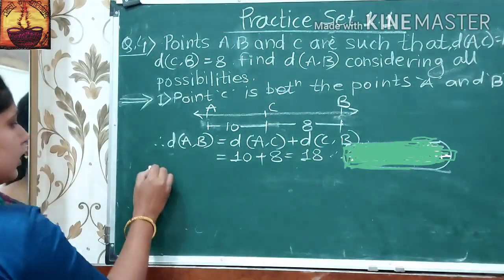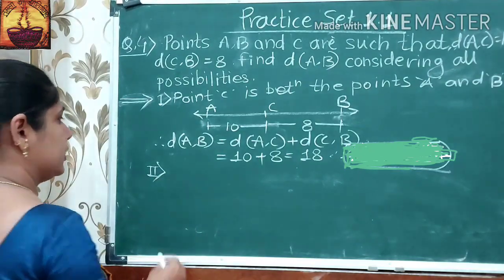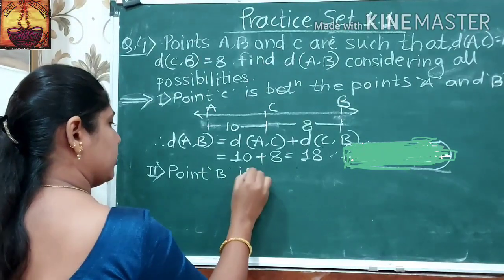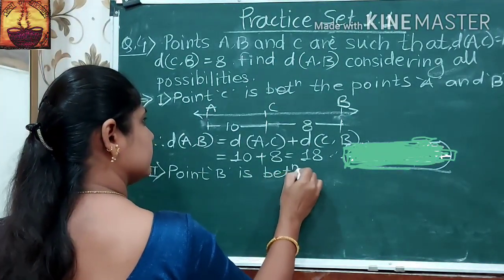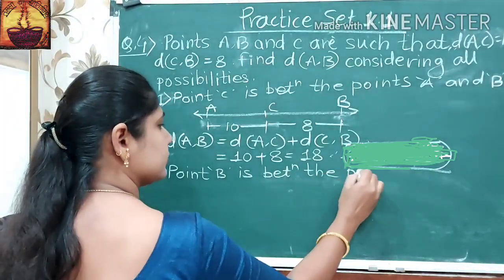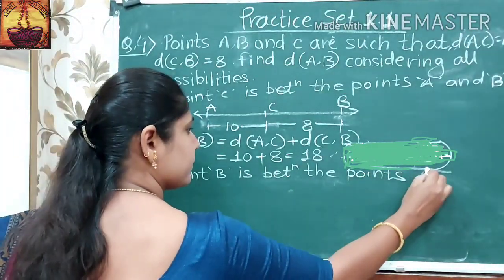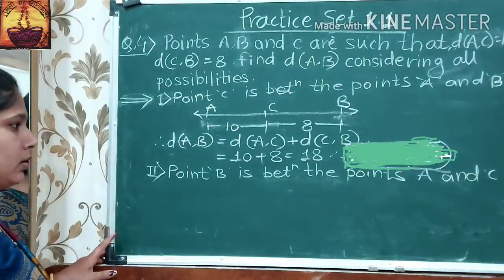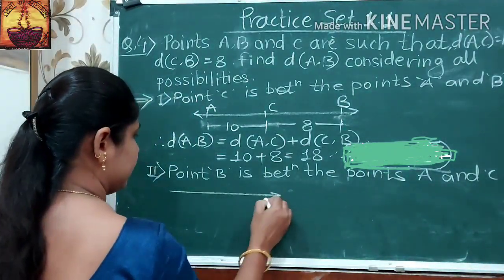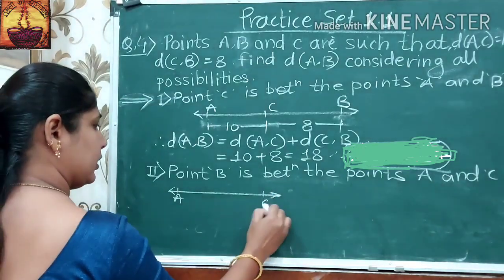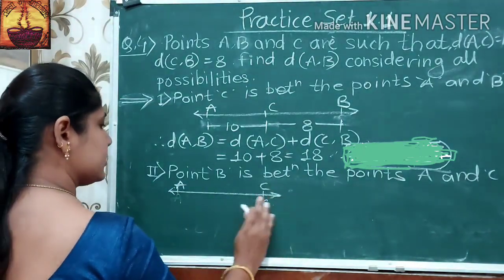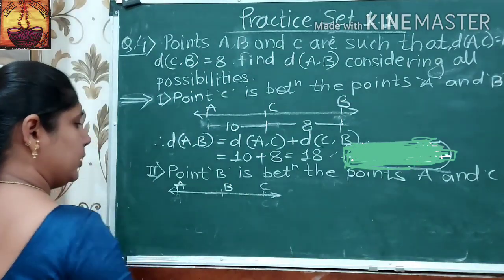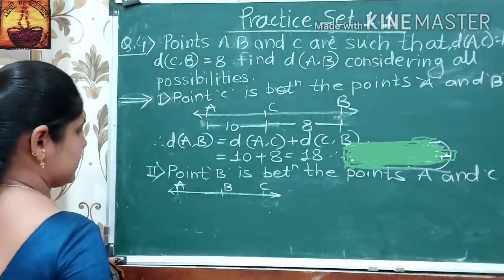We get the distance. Then, if we consider the second possibility, point B is between the points A and C. Then if we draw a diagram, A and C are the end points and B is between these 2 points.